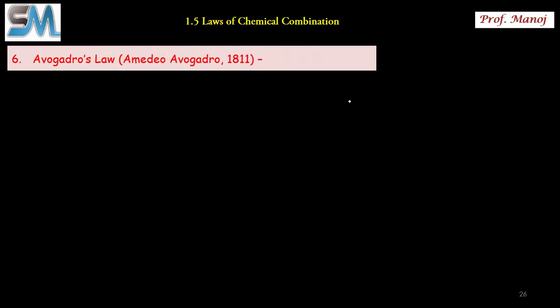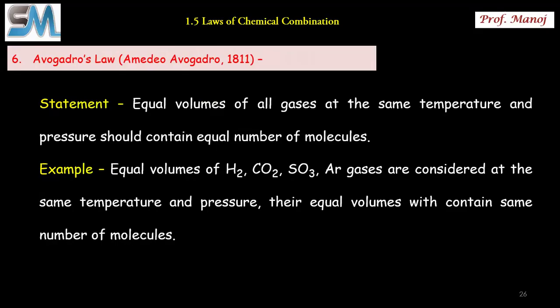Let us come to the next law, which is called Avogadro's law. A very easy law that way, and very easy questions also have been appearing on this. The law statement is very simple. It says equal volumes of all gases at the same temperature and pressure should contain equal number of molecules.